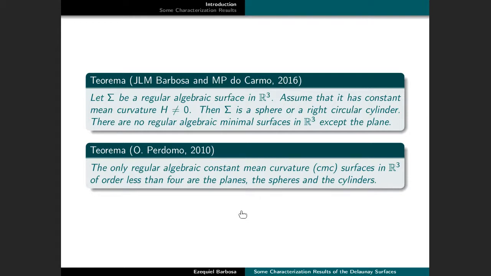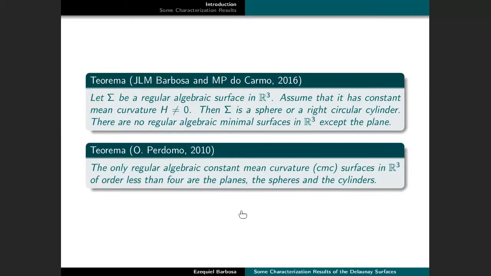And the strategy followed by Barbosa and do Carmo was exactly to consider the ends of the CMC surface and explore this exponential asymptotic condition of the ends, and prove that, in fact, if the curvature is non-zero, this surface should be a right circular cylinder.